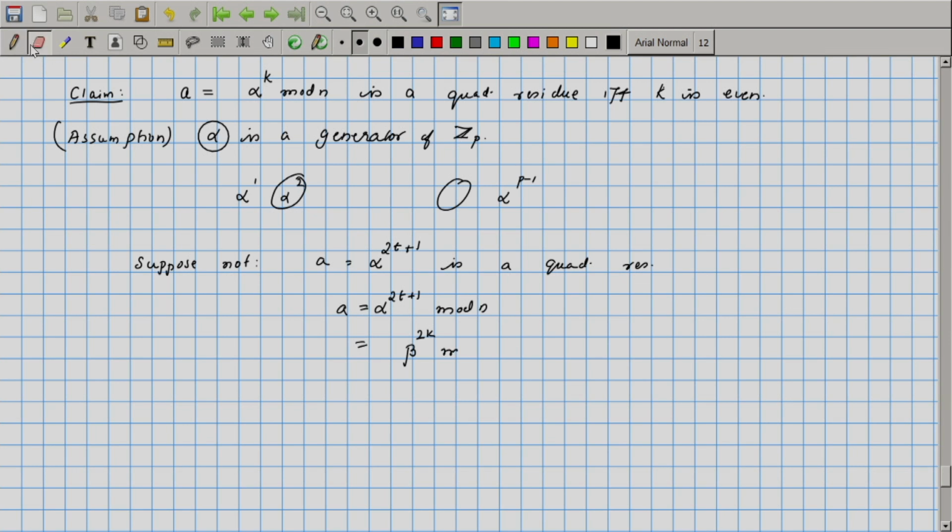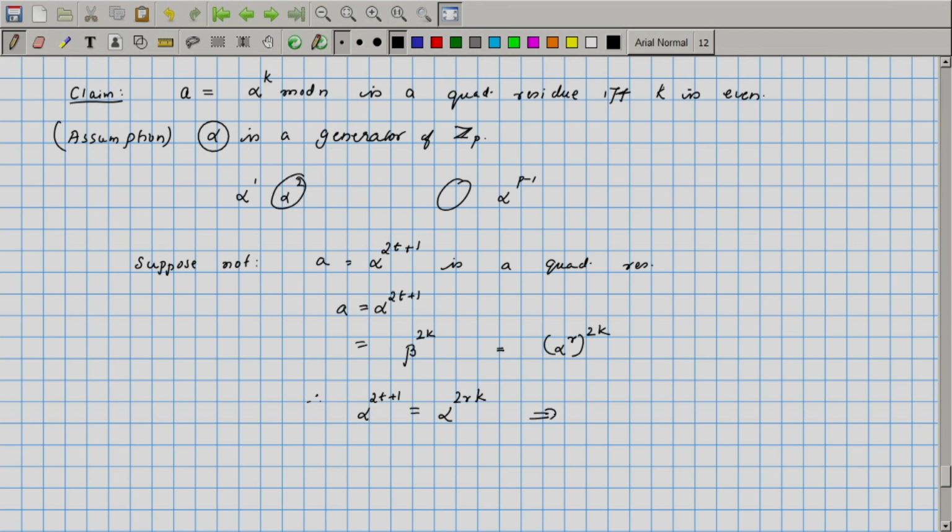All these, we will not write mod n because all these things are carried out in mod n. So, A can be written as beta to the 2 k, and since this is a cyclic group, beta itself is going to be alpha to, let us say, some power r. Therefore, we can write alpha to the 2 t plus 1 is equal to alpha to the 2 r k.